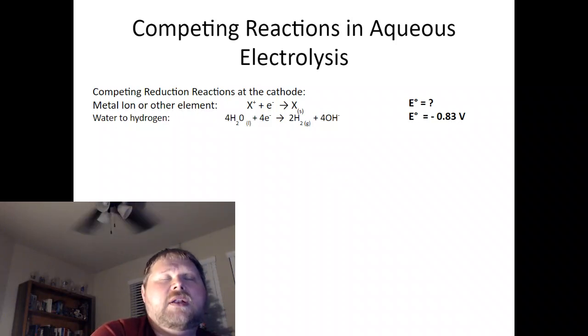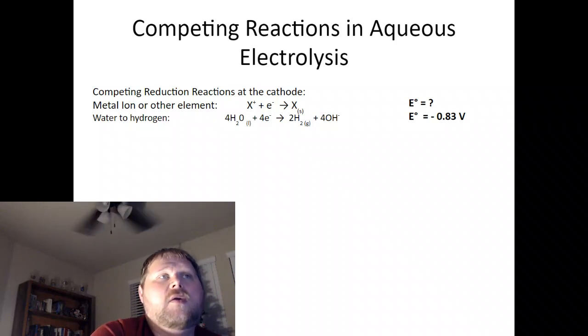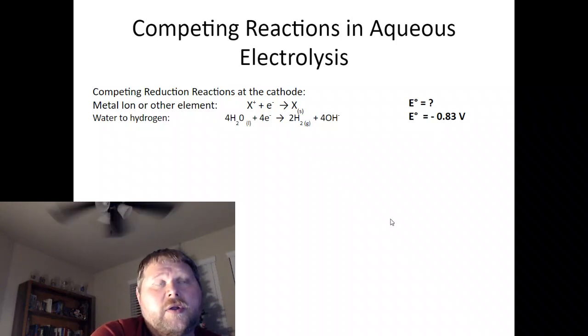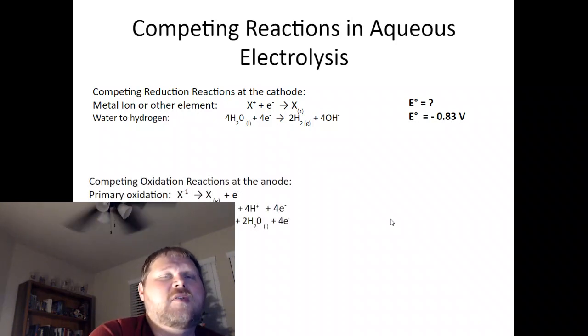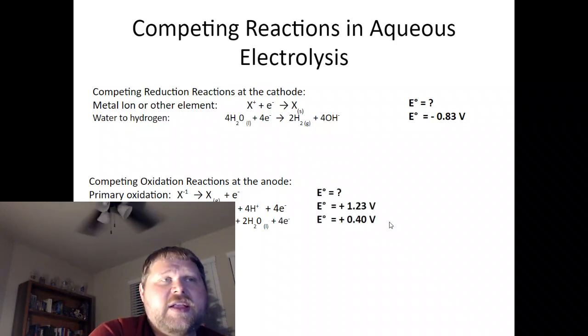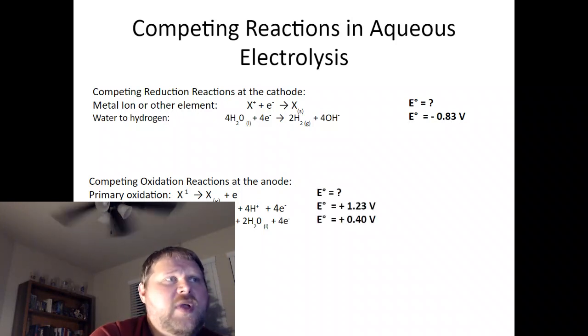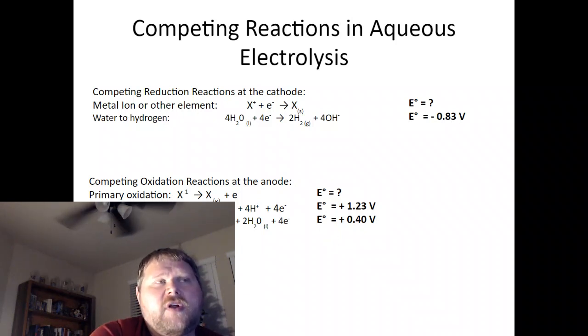So you've got to be at least negative 0.83 volts or higher, or more positive, to make it work. Likewise at the anode, the competing reaction is the oxidation of water to make oxygen gas. And so usually we have two competing reactions. If you look in your appendix at the half reactions, you'll see two for oxygen.